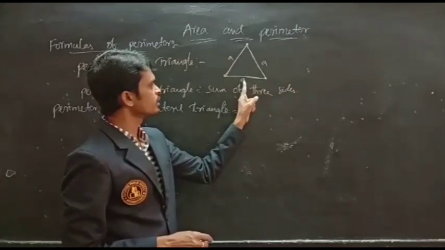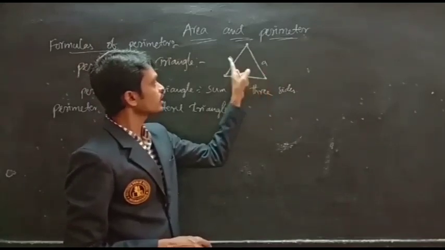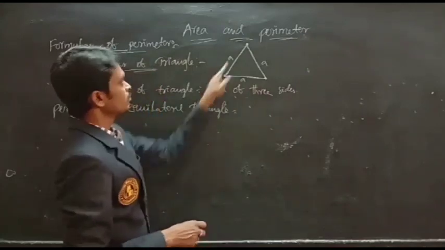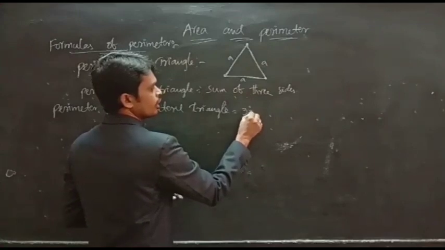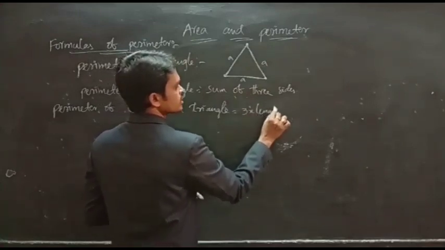We represent it with the same variable a. How many sides are there? 3 sides. Then we will write 3 into the length of any side.